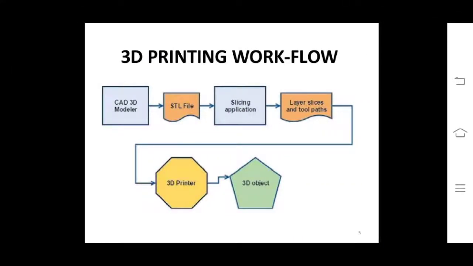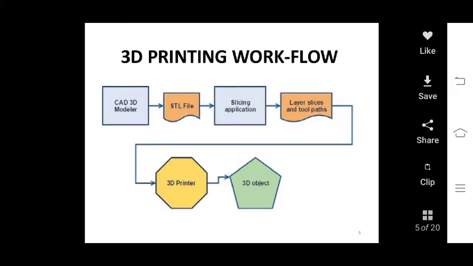The following flowchart shows the 3D printing work. The 3D printing starts from the CAD 3D modeler, after which it is converted into an STL file, and then the slicing application is given the command.